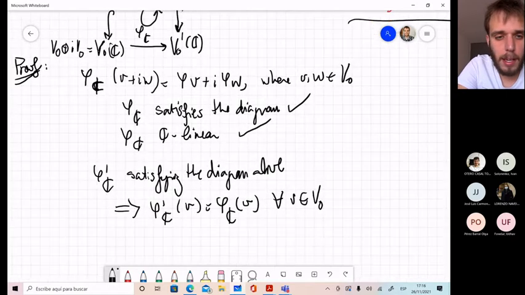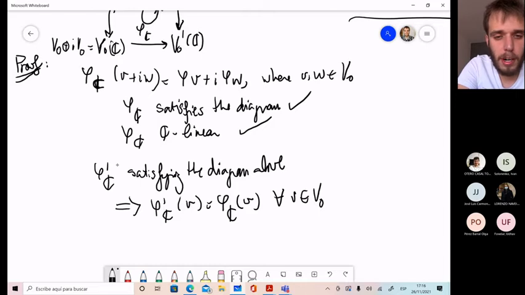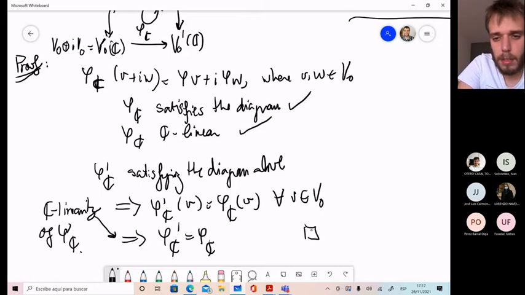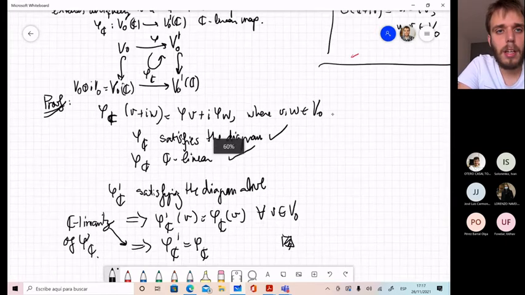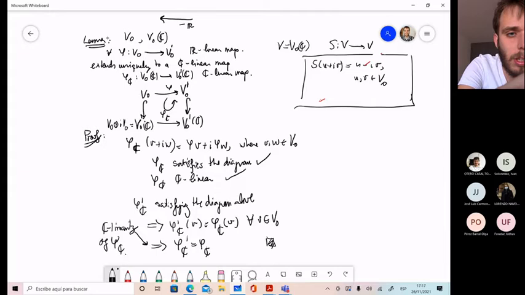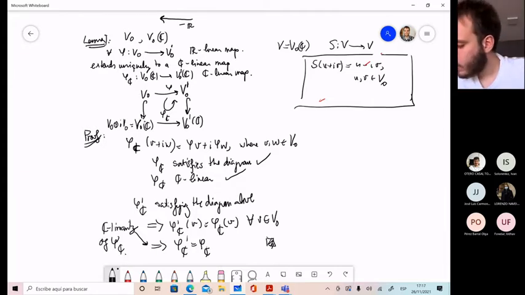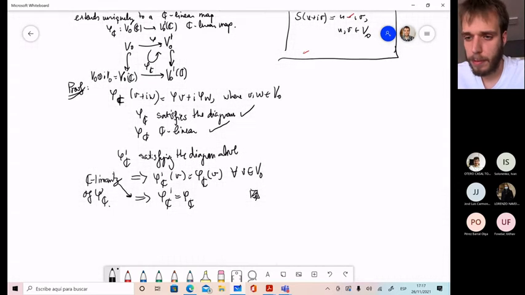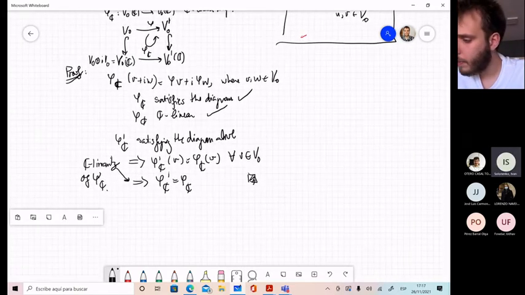Okay, but yeah, if this map is C linear, then you conclude that phi prime C is equal to phi C. This is because of the C linearity of phi prime C. Okay, and this proves the lemma. Okay, let's call it lemma 1. Is everything clear so far? Yeah, it's perfect.